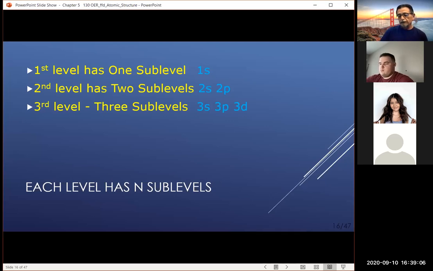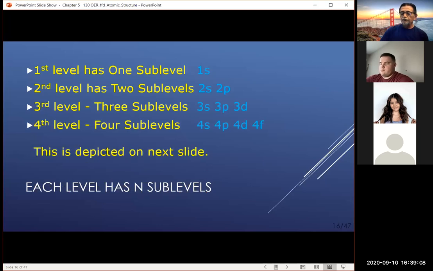And then finally, not finally, but the fourth energy level, which is the fourth period beginning with potassium and shooting all the way across, we introduce the other orbit called the F. So the fourth level contains the S and the P and the D, and now we bring in the F, okay?